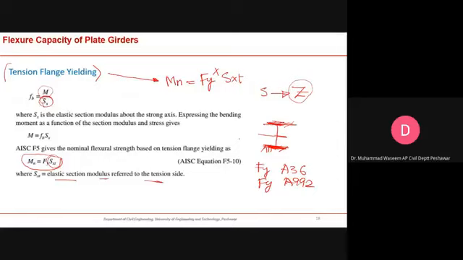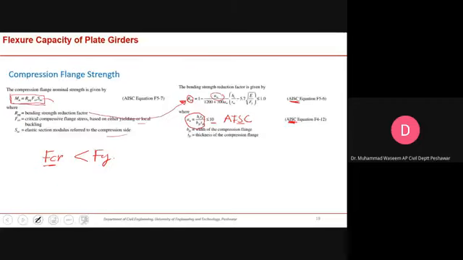Look, for the first, this is very simple. The only thing you need is this S. This S is I by C. You need C and you need I. Okay. For the second limit state, you need RPG.